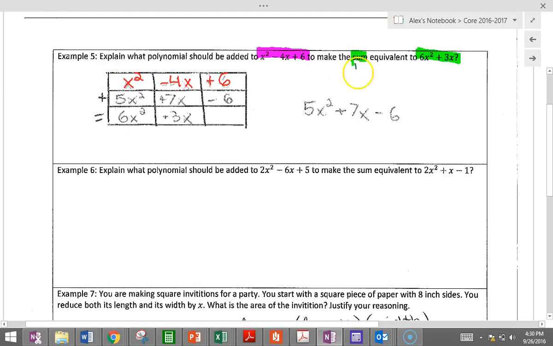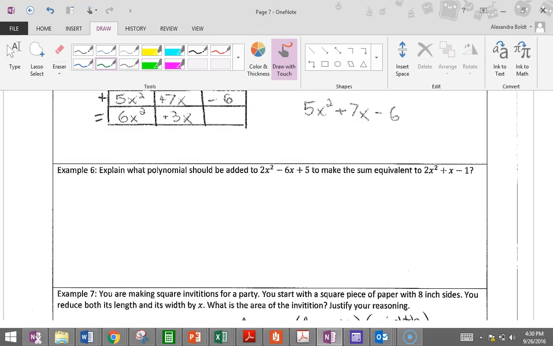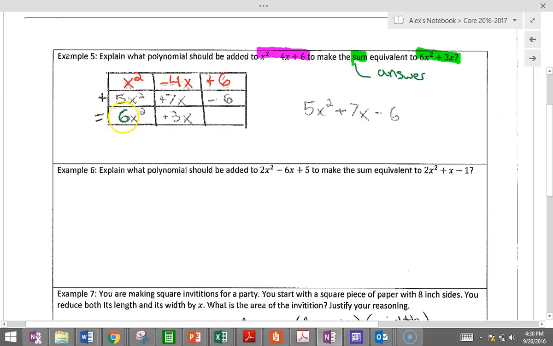Okay? So this is our final answer. Right, so my final answer, my bottom one, is 6x squared plus 3x.